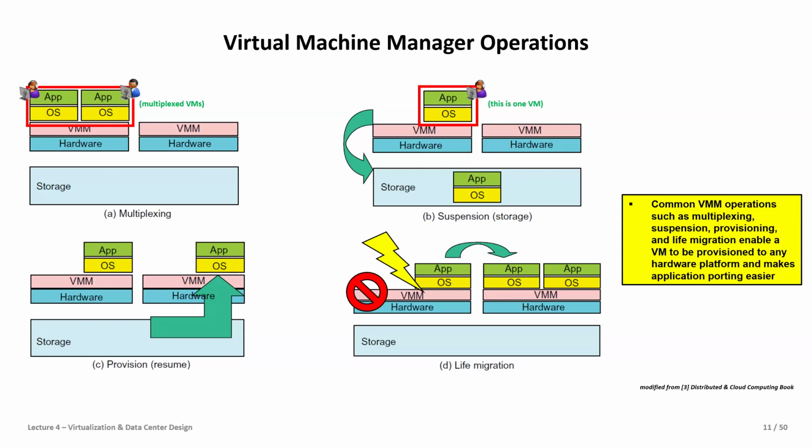One of them is that you have hardware and storage that is basically fixed, and you have a virtual machine manager on it and multiplexed VMs on top of it. You see one mode where, on one piece of hardware, there could be different applications with a different operating system on top. We call that multiplexing VMs.